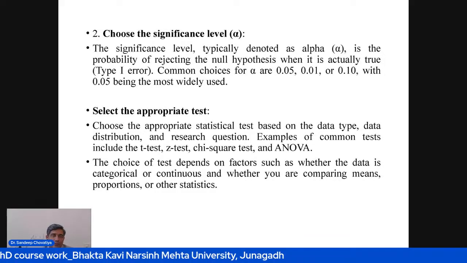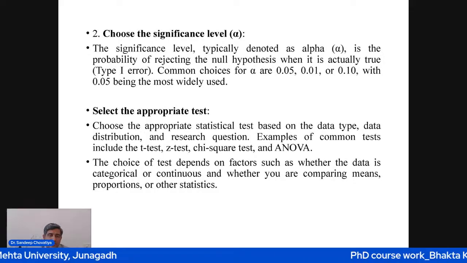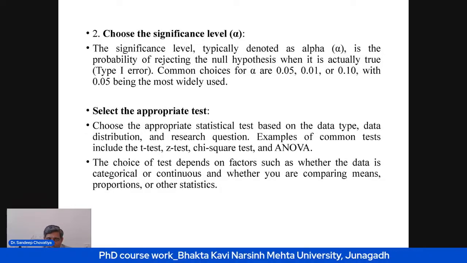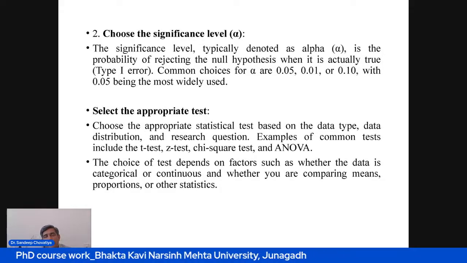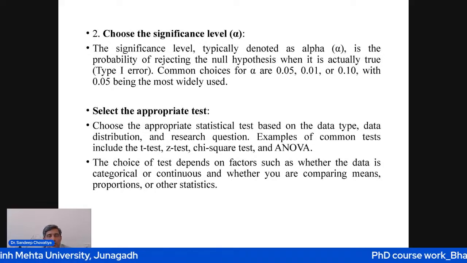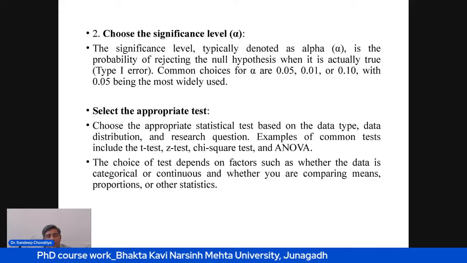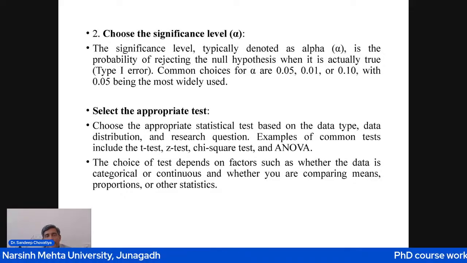Number two is the selection of the appropriate test, which also plays an important role. Based on our experimental design and data collection, we choose the appropriate test. For example, it depends on the distribution of the data and the research questions. Mostly students go for the student t test.